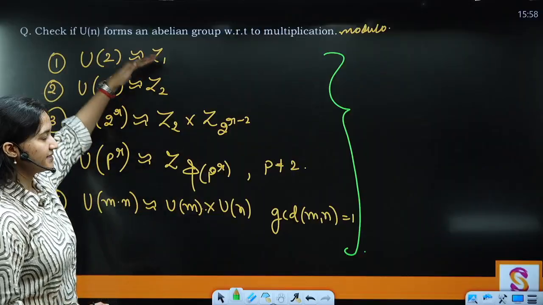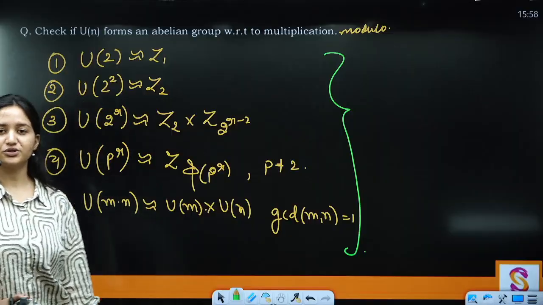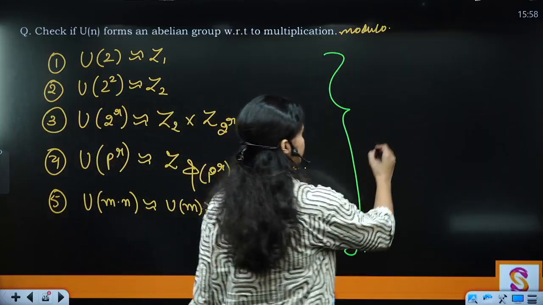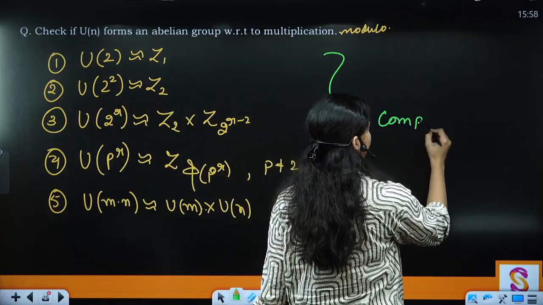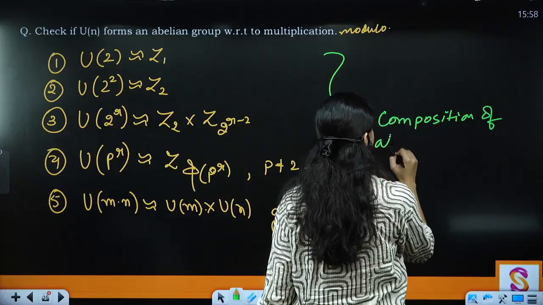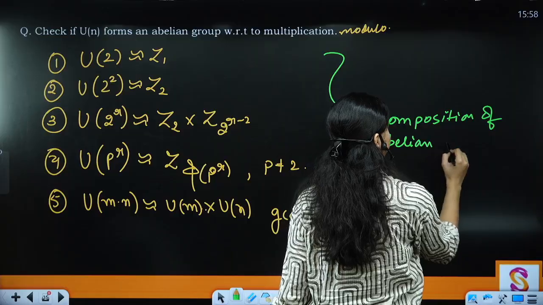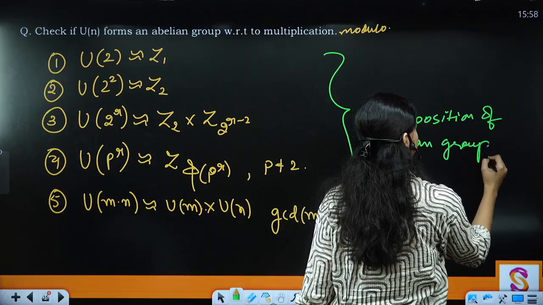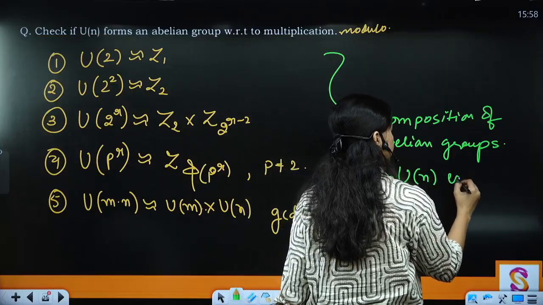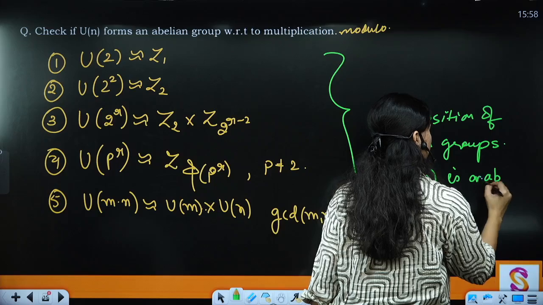That means आपके सारे जितने भी composition of groups यहाँ पे बनेंगे, it is all going to be abelian. Right? So composition of abelian groups. This implies that UN is abelian.